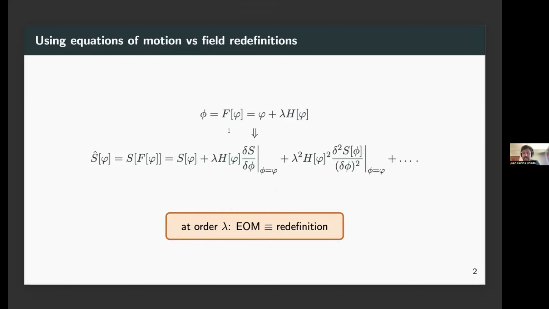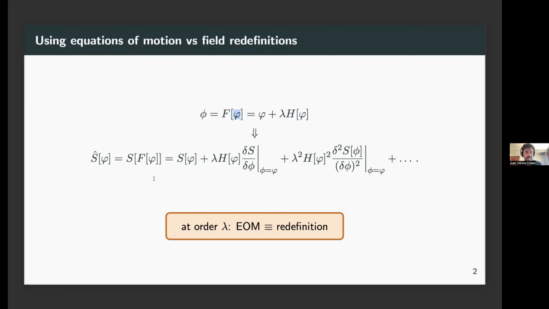Let's say you have some field redefinition with your original field phi and your new field curly phi related by some functional f. We'll call this the redefinition, and it has this form: curly phi plus some small parameter lambda times an arbitrary operator. You can have in here derivatives or higher powers of phi or whatever.